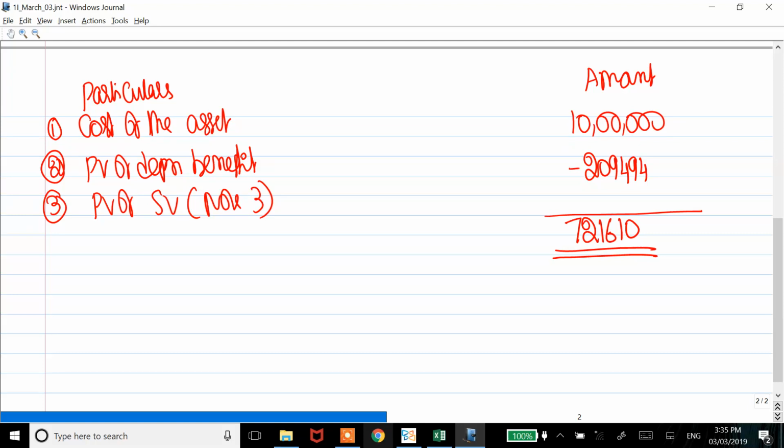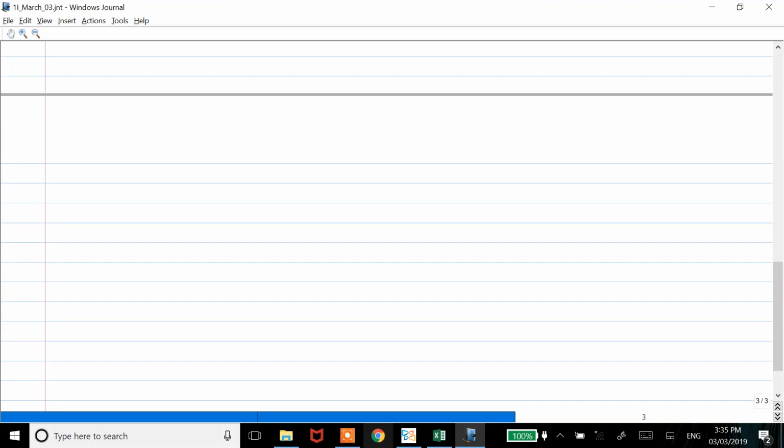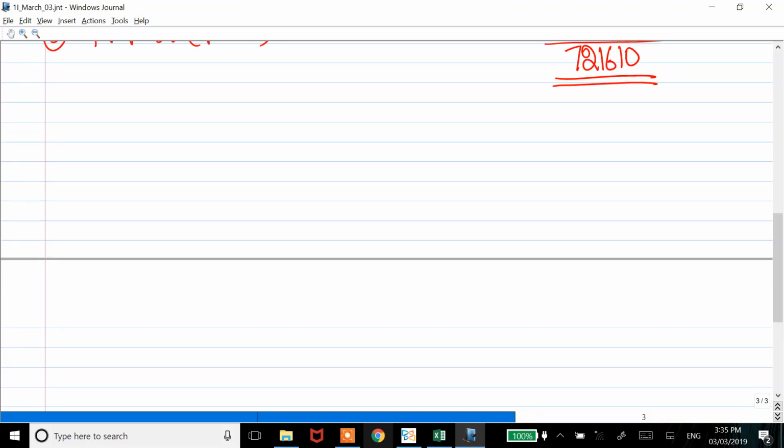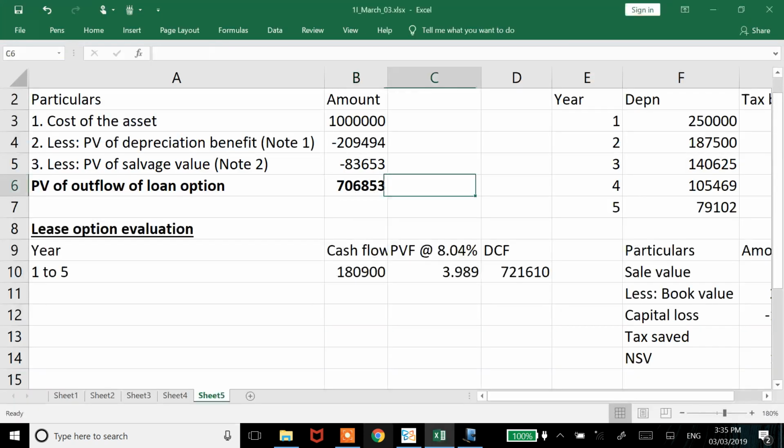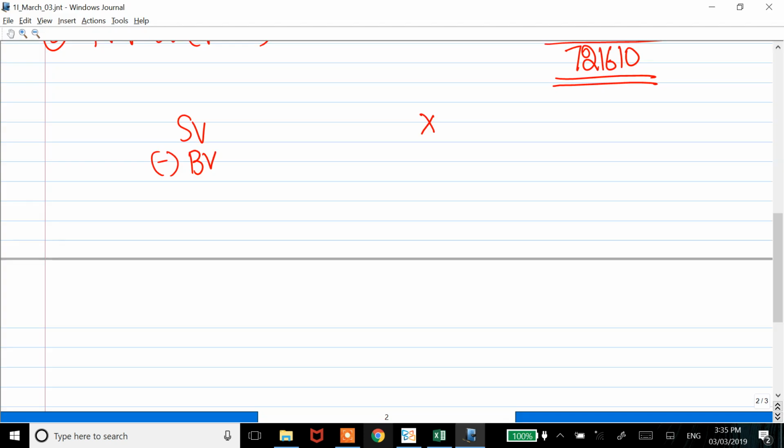Any doubts in this? Okay. Now coming to note 3. Sale value is X rupees, the residual value is going to be X. Book value is 237,304.